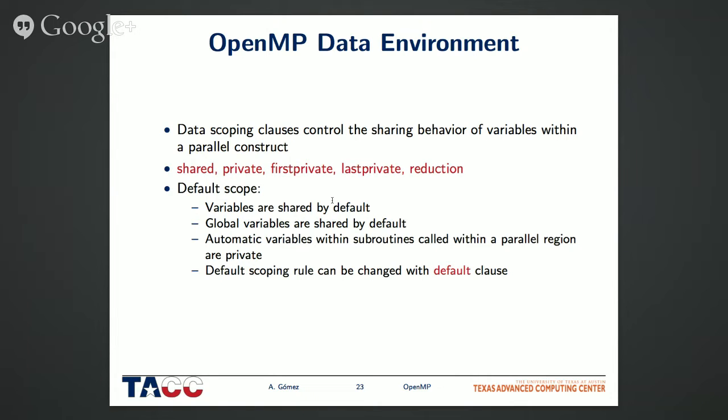So if you have race conditions in your code, the best thing you can do is specify default none and think about each individual variable that you have, how you should declare it. It's really good for debugging. It takes some time, but it helps you find race conditions. Also, when you're learning OpenMP, it is really good. It helps you understand how everything works.